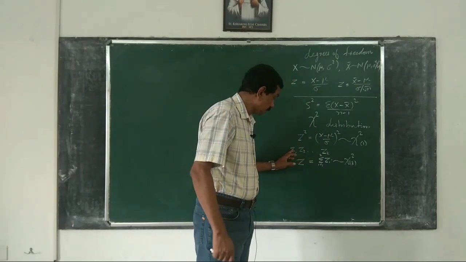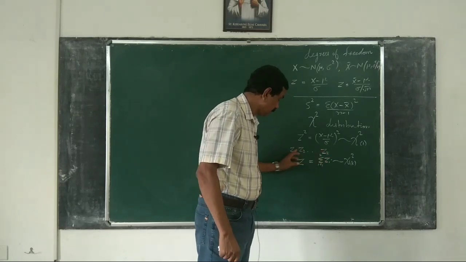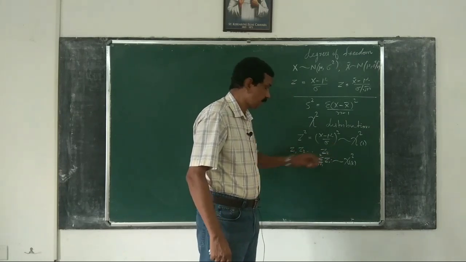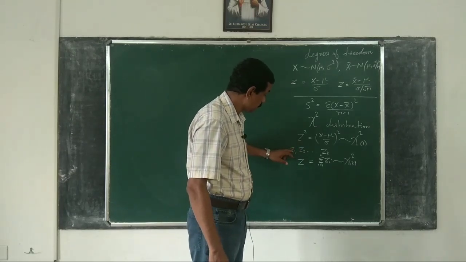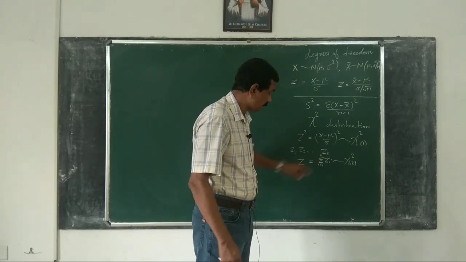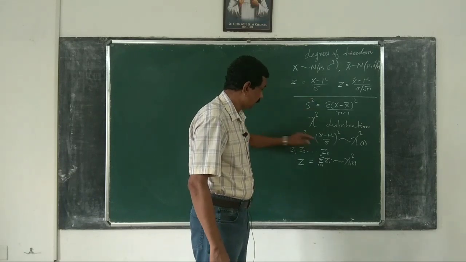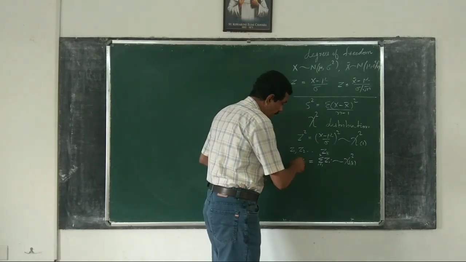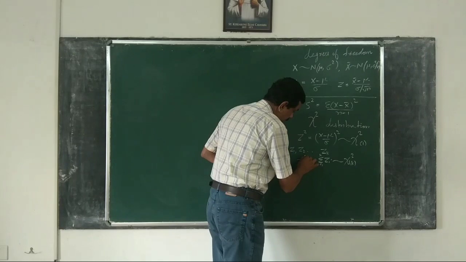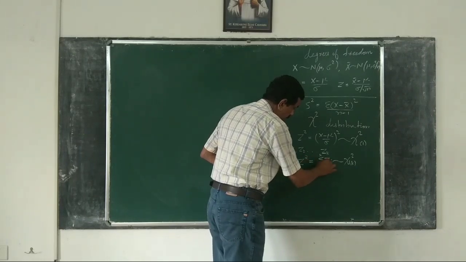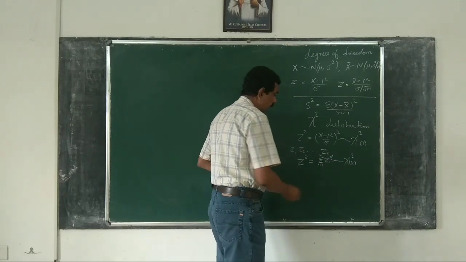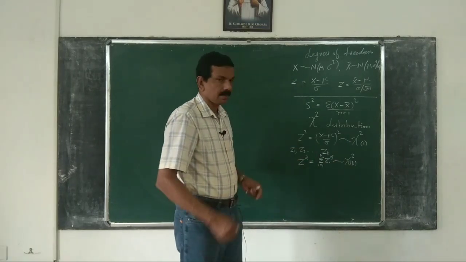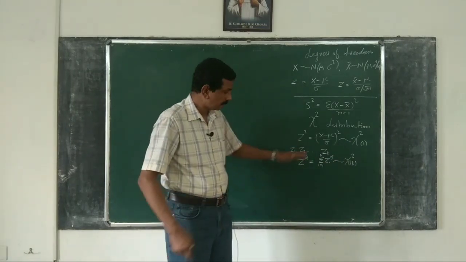What I say is Z1, Z2 to Zk are independently distributed chi-square variables. Or if Z1, Z2, etc. Zk are standard normal variables, then the sum Z square equal to sigma Zi square follows chi-square with k degrees of freedom. You can read it as you like.